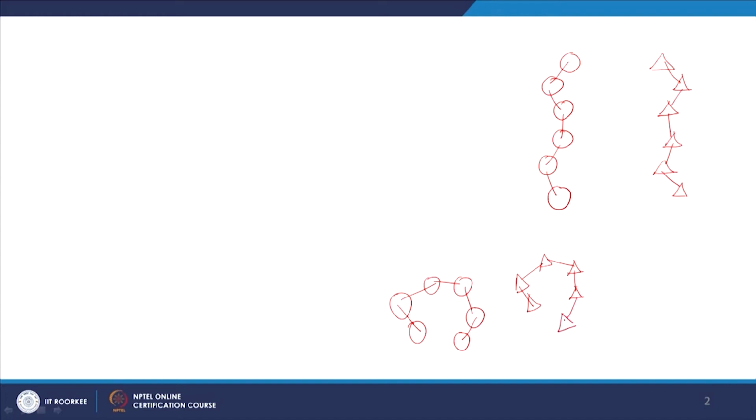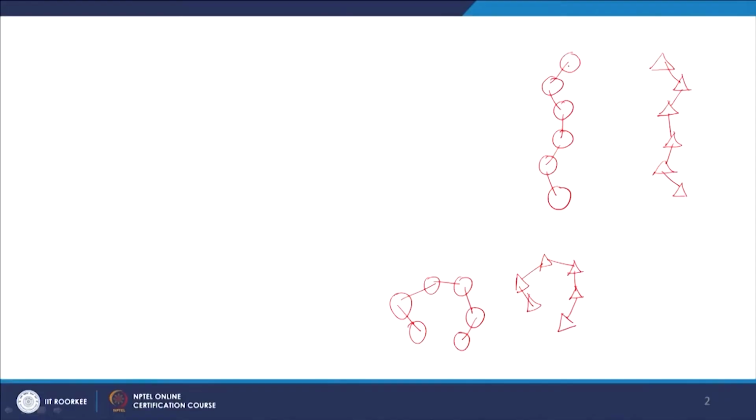So, if I want to look at how many conformations the polymer chain can have starting from these two building blocks, it appears that the number of conformations will not depend on what the building block is, but it will depend on how many of those blocks are present here. So, in both these cases we have 1, 2, 3, 4, 5, 6 blocks, and the same thing here we have 1, 2, 3, 4, 5, 6 blocks. So, the number of conformations will depend on the number of blocks that we have.